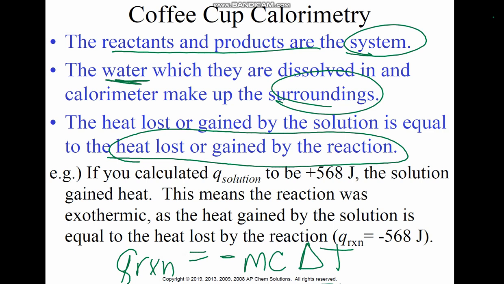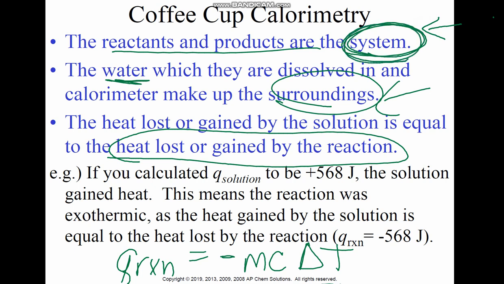The reason we're going to use the negative here is because we are actually measuring the temperature change of the water. So since we're measuring the temperature change of the water, we're measuring the temperature change of the surroundings. So we actually have to change the sign, because we want our Q of our solution, which means we want the Q of the system.